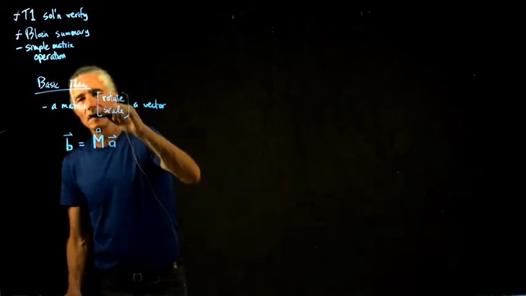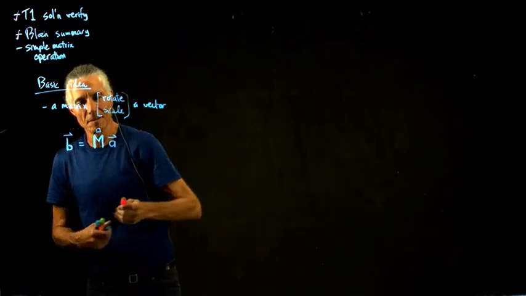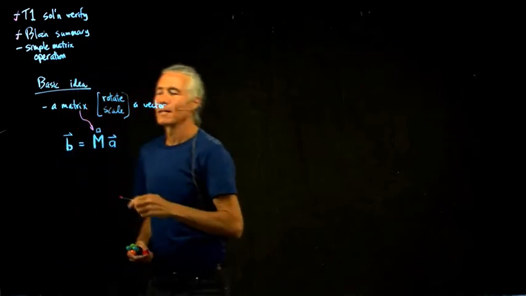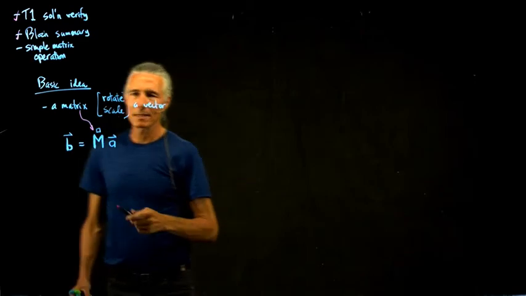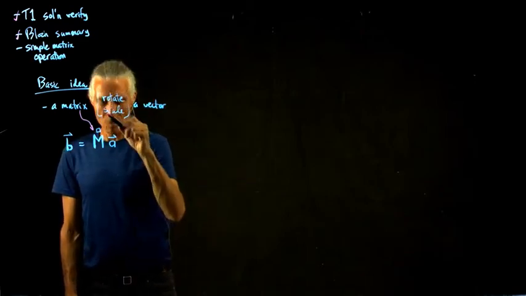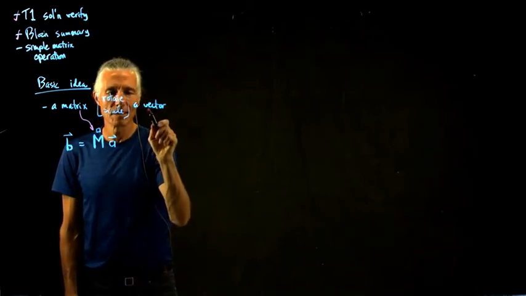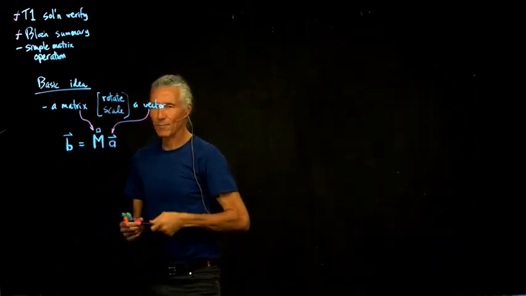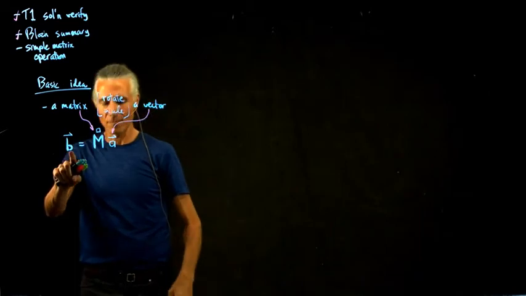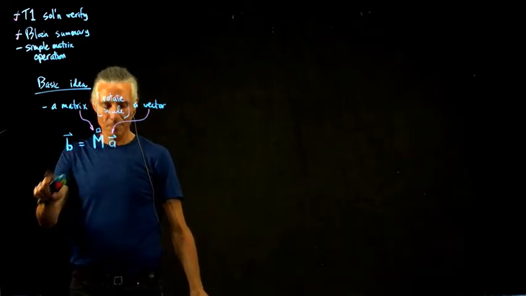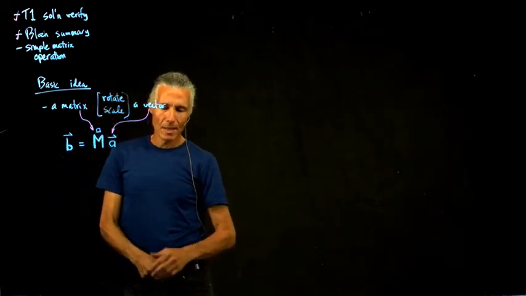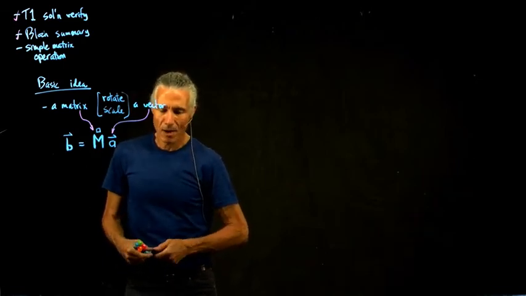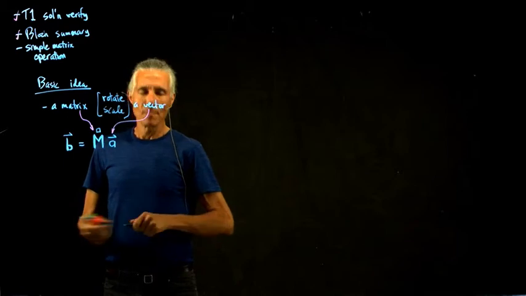So when you see something like that, what you think is: a matrix rotates and scales a vector. Here's the vector that's being operated on. The matrix is doing some operation to it, and the result is another vector. So how do you write that out in terms of components?